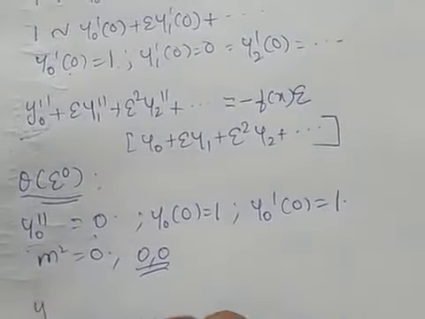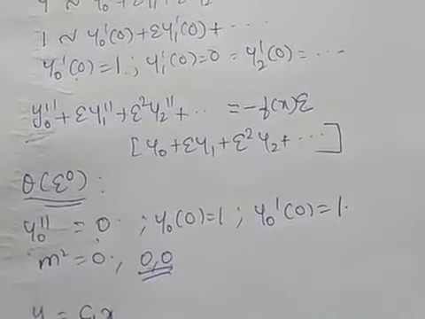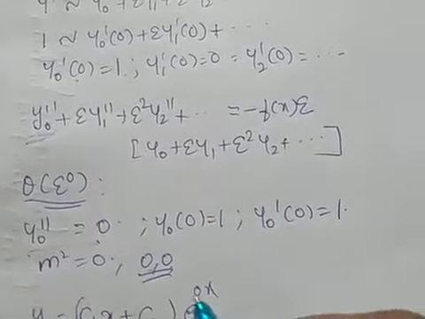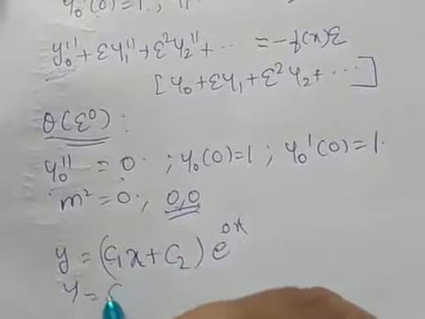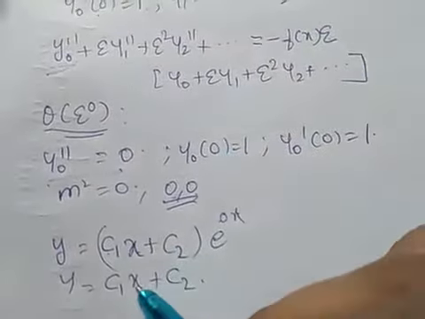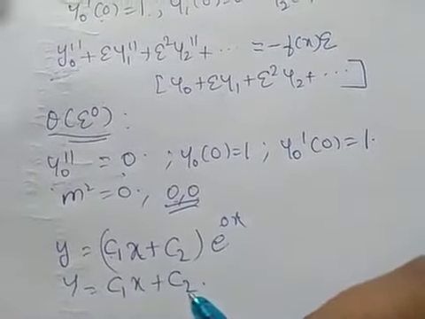So what is the solution? It is a repeated root, y is equal to C1x plus C2 into e power 0x. E power 0 is 1. Therefore y is C1x plus C2. Substitute x equal to 0 here, y is equal to 1. We will get C2 is equal to 1.